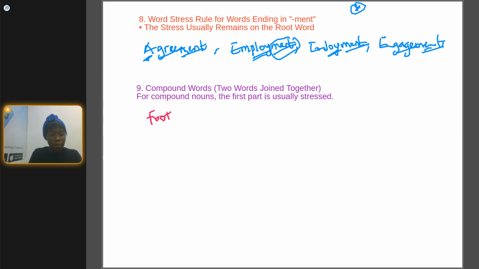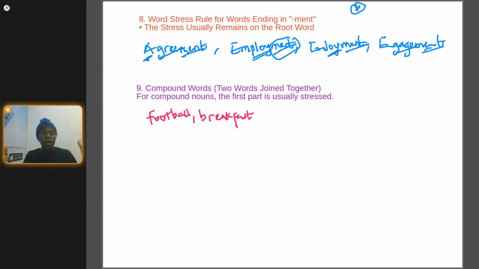You have words like football, breakfast, sunglasses. If you look at football and breakfast, foot is a word, ball is a word, break is a word, fast is a word. Now, foot and ball coming together to form one word is football.